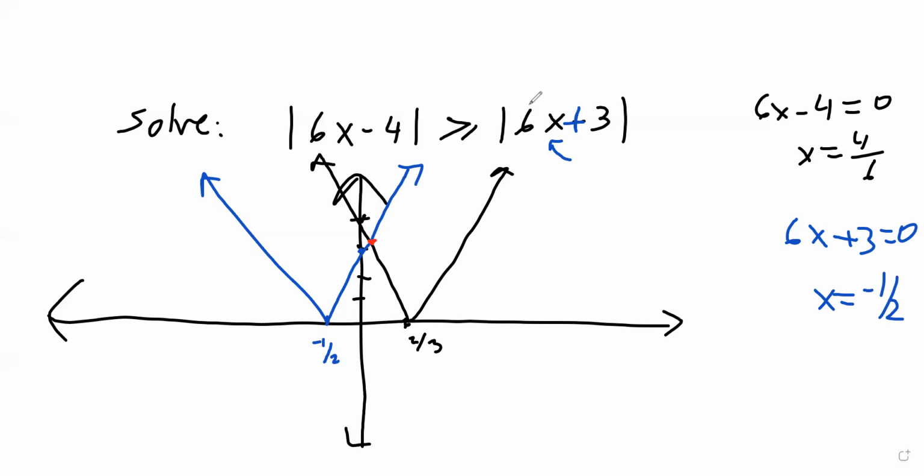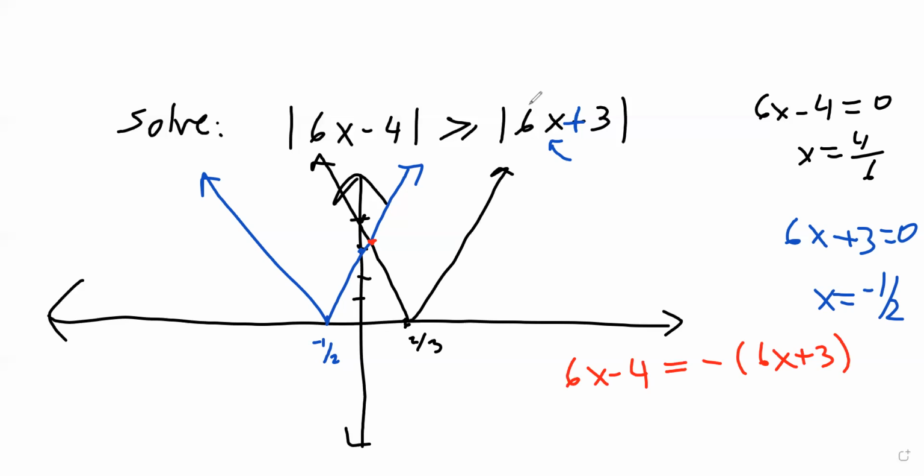I can find the intersection by doing this. I'm going to set these functions equal to each other, but at the intersection, it must be 6x minus 4 equal to the opposite of this function here. The reason is that the black graph has a negative slope and the blue graph has a positive slope at that point.